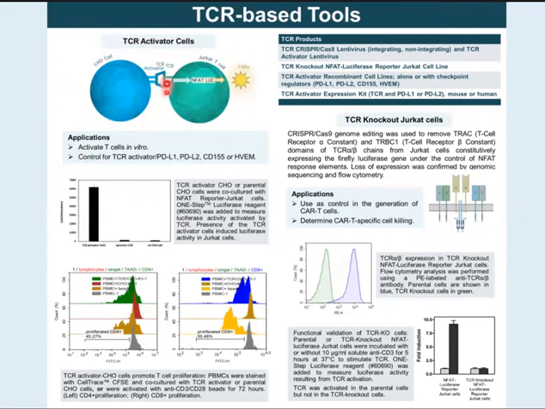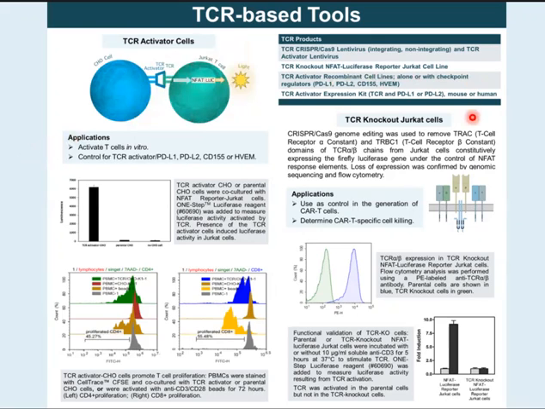The TCR activator cells, like the TCR CHO cells, stably express TCR activator molecules on their surface, and they activate T cells through binding with a TCR. They can be used as positive controls or in optimization experiments.